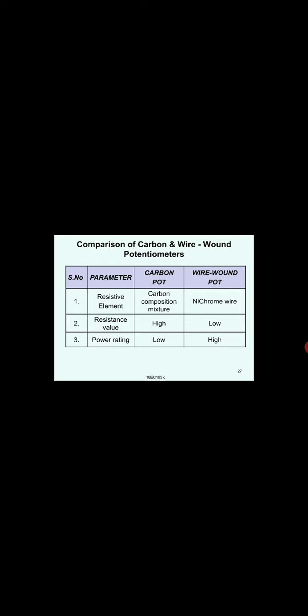As we have seen, it is very high for the wire wound resistors. Then the usage. The carbon pots are generally used in low current circuits, whereas the wire wound potentiometers are used in high current applications and uses.